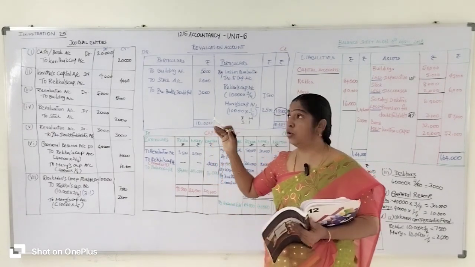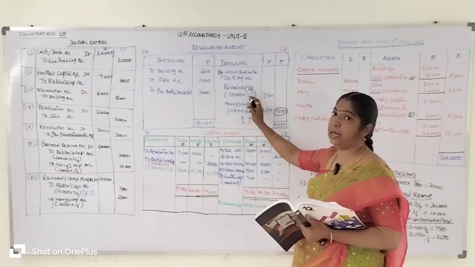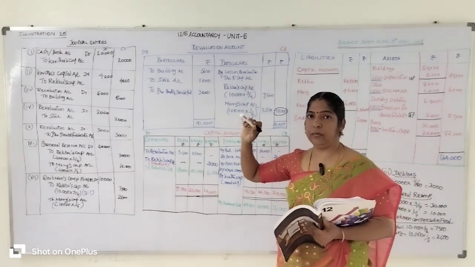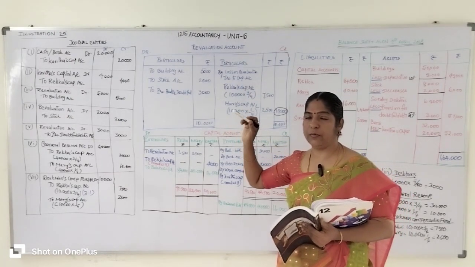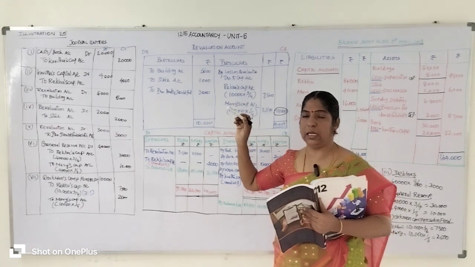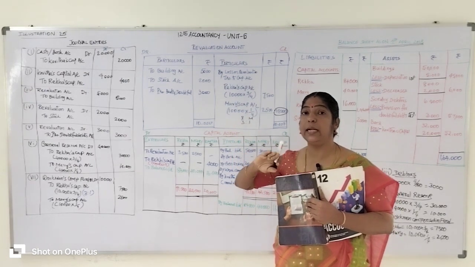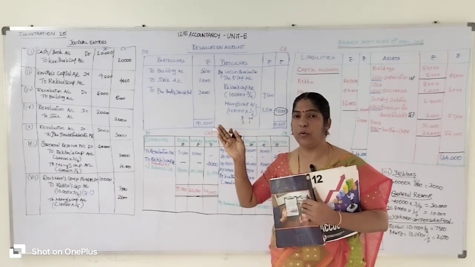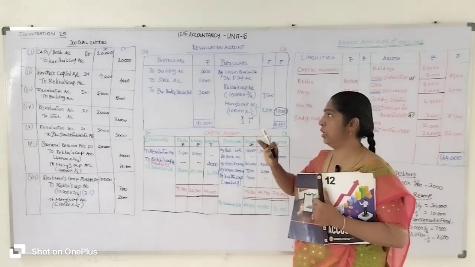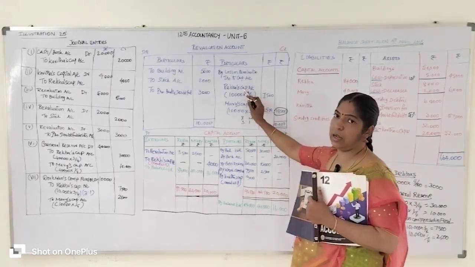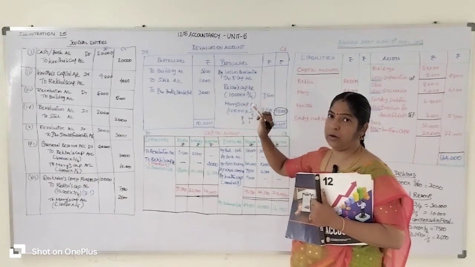So it will go to old partners capital account. If we get profit or loss from the revaluation account, which means a ledger, that loss or profit is to be immediately transferred to the old partners capital account with their old profit sharing ratio. Underline capital account.